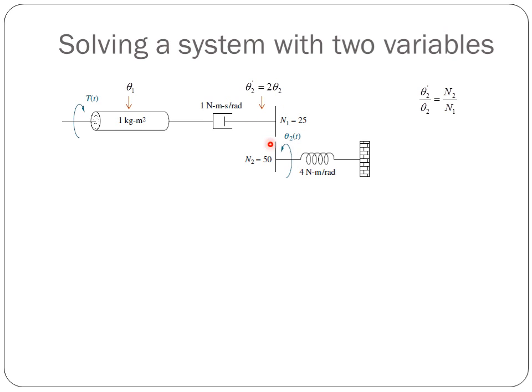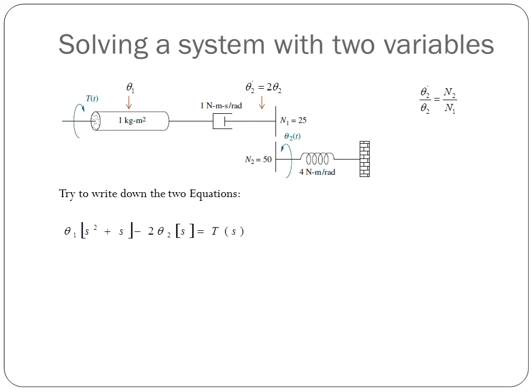So we will consider only one independent variable on both the left and right side of the gear. Okay, we will write the equation either here or here, not on both sides. And we will write another equation based on theta 1. So let's try to write down the equations.